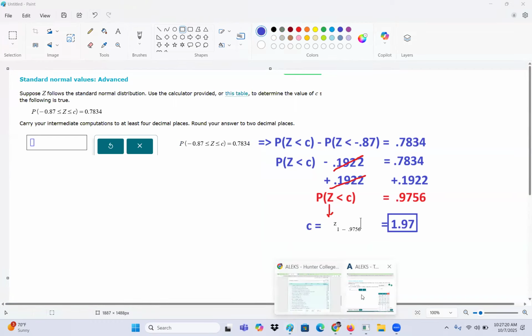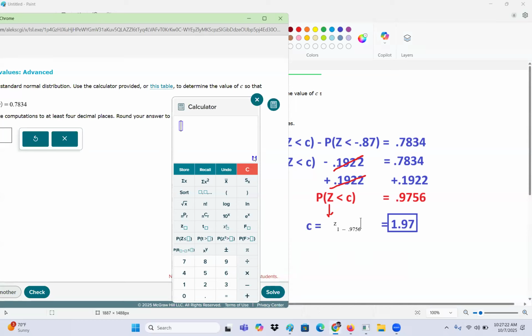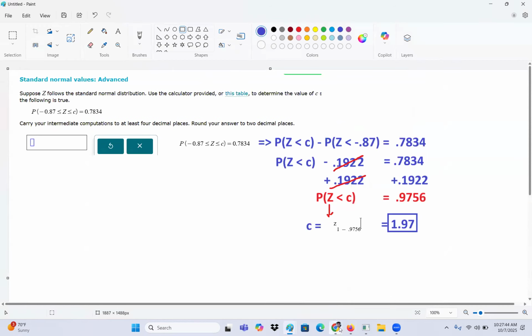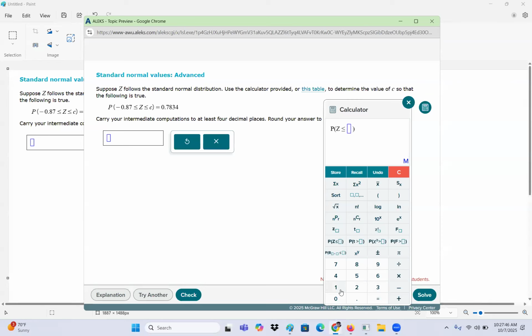Let's say we take the P of 1.97 minus the P of Z of negative 0.87. You should be able to get the answer 0.96. Oh, hold on, let me check what's wrong. It's actually not that much more complicated. It's like 1.97. We're really doing the same thing.